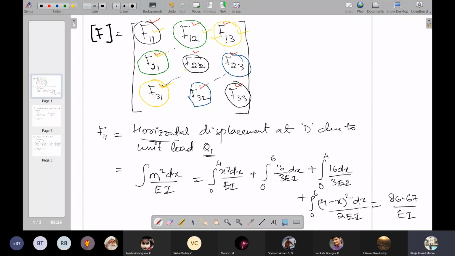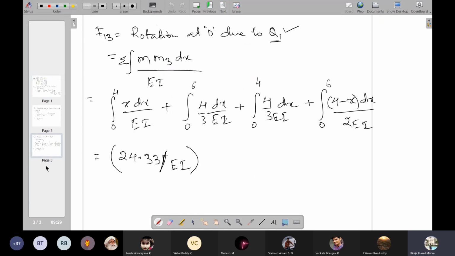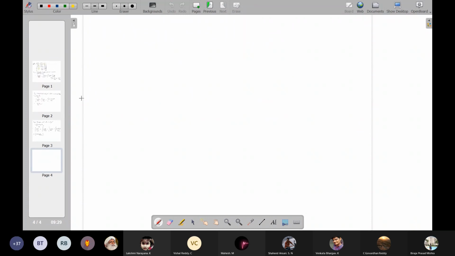So now let us determine F22. Or let me write it so that others can understand. I was writing in blank.